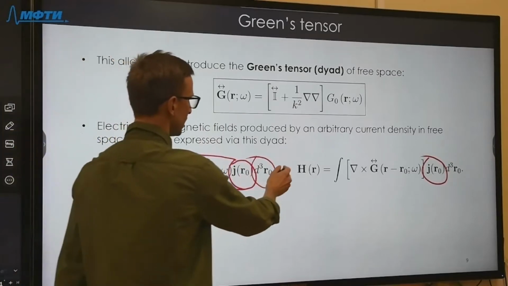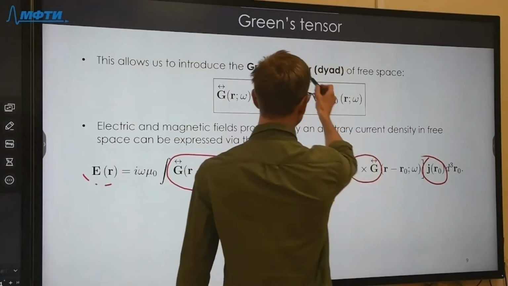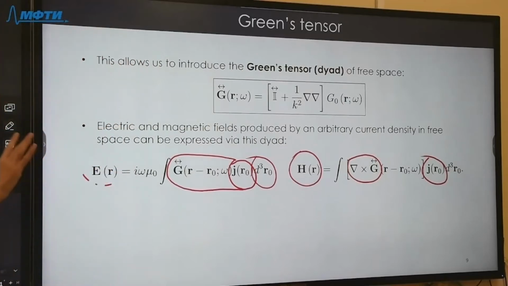And similarly for the magnetic field, where additionally we have to calculate the rotor of this monstrosity. Okay? So this is the final answer. This is the Green's tensor of the free space, which allows us to calculate electromagnetic fields of absolutely arbitrary, well, at least finite current densities enclosed in a certain finite volume V.